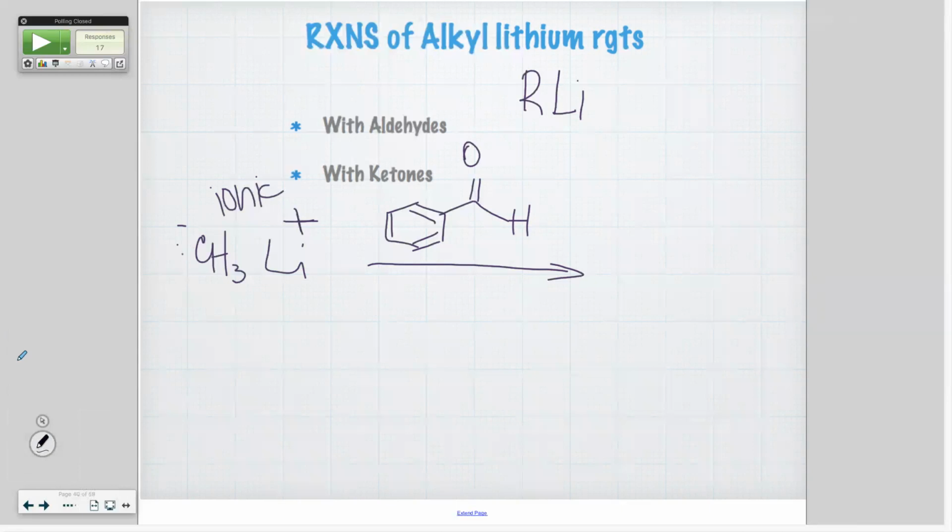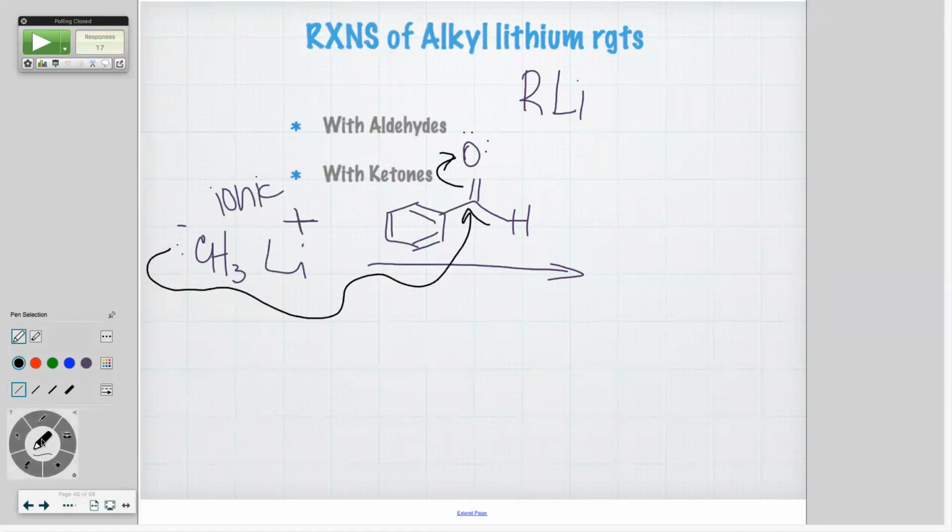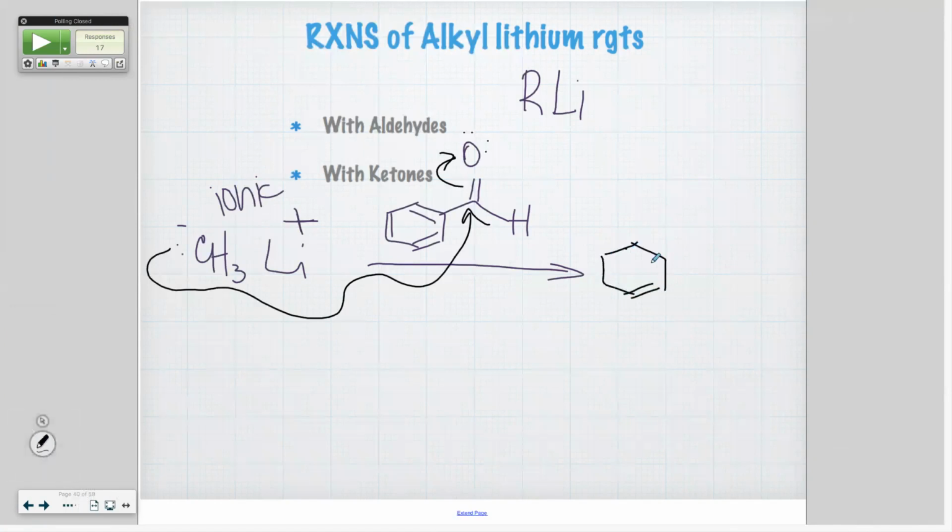We attached the C's. We went from here to the carbon of the carbonyl. That does not change. So what do we make? Here's our benzene ring. There's your clue. That's attached to that carbon and that carbonyl.